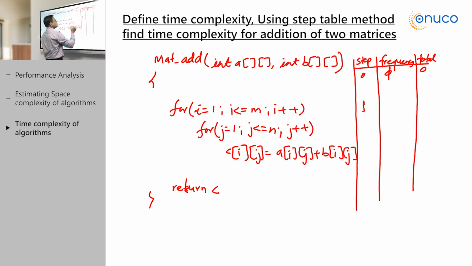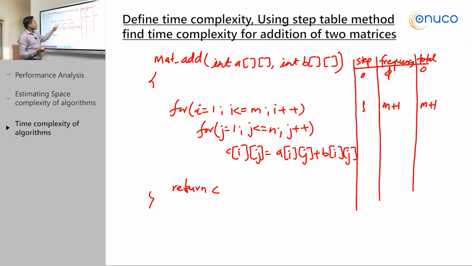This particular step is 1. How many number of times will you repeat? From 1 to m is the true case, the successful case, and once when the i value becomes m plus 1, m plus 1 is not lesser than m, at that time it will fail. So we are going to check the condition m plus 1 times. So m plus 1 into 1 becomes m plus 1.